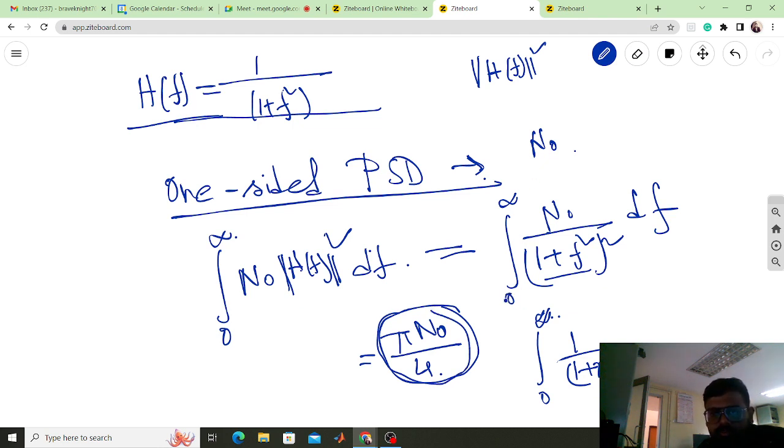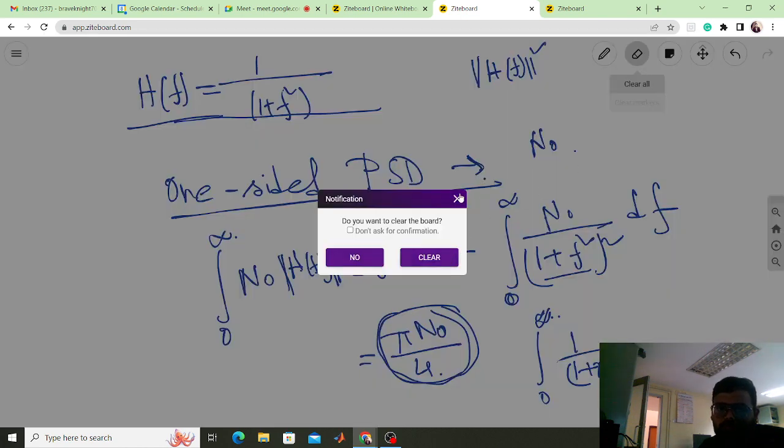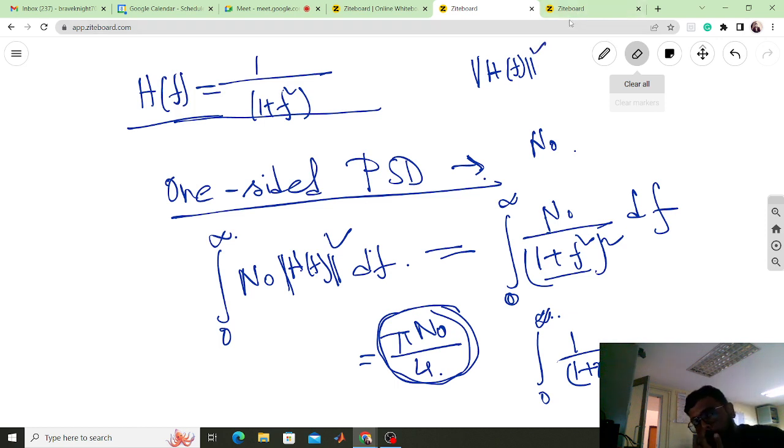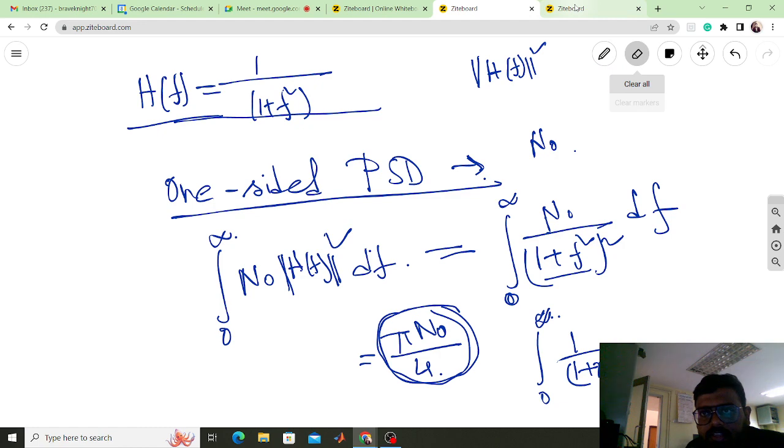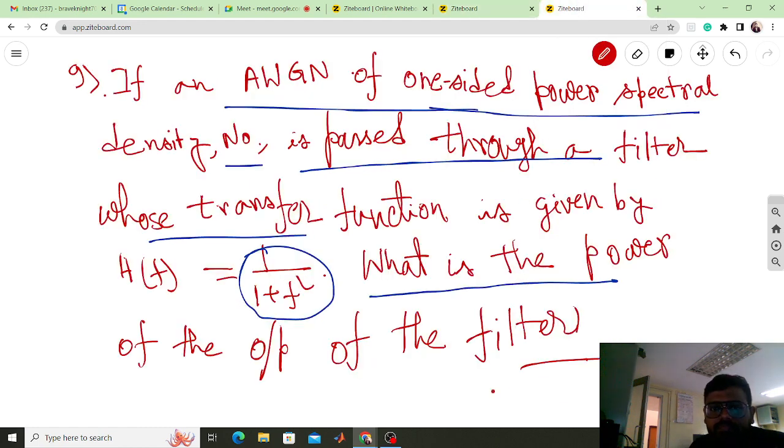Because it is one-sided, we are integrating from 0 to infinity N naught by 1 plus f square whole square. I think it's clear for everybody. Pi N naught by 4 is the answer.